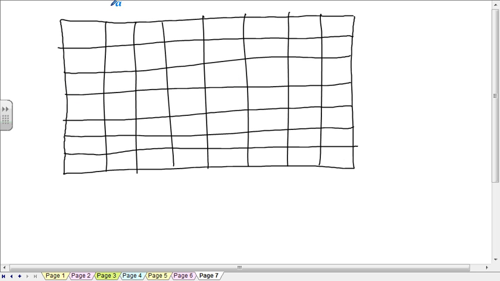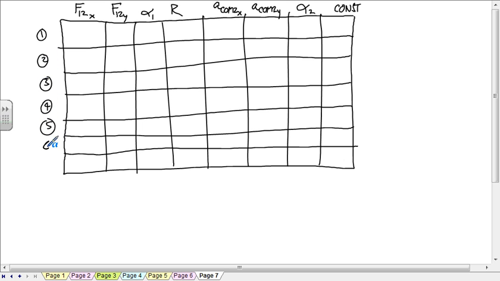And I set up the variables like f12x, f12y, alpha 1, r, acom 2x, acom 2y, alpha 2, and then the constants. Equation 1, 2, 3, 4, 5, 6, 7.